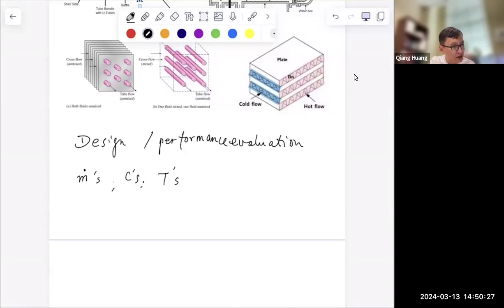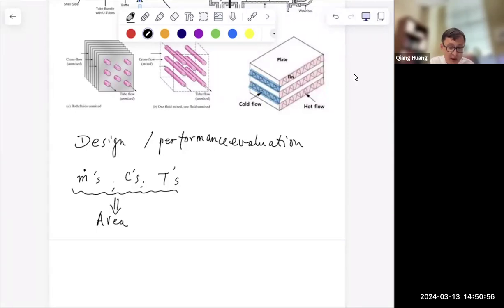In terms of the design of the heat exchanger, there is also a parameter that correlates to the design. Most of the time it's the area. For the design, we need to calculate the area using the operation conditions, and of course the fluids themselves, what type of fluids they are.